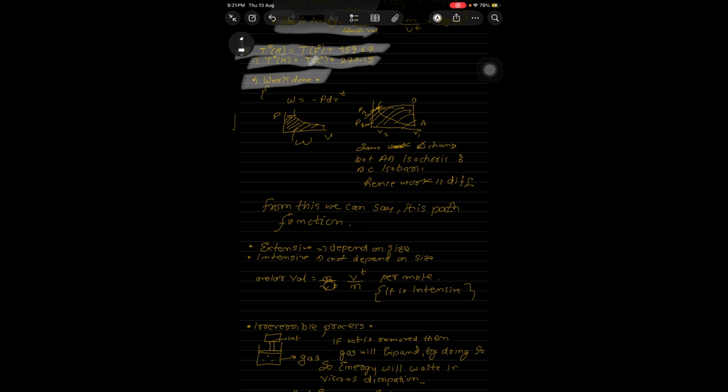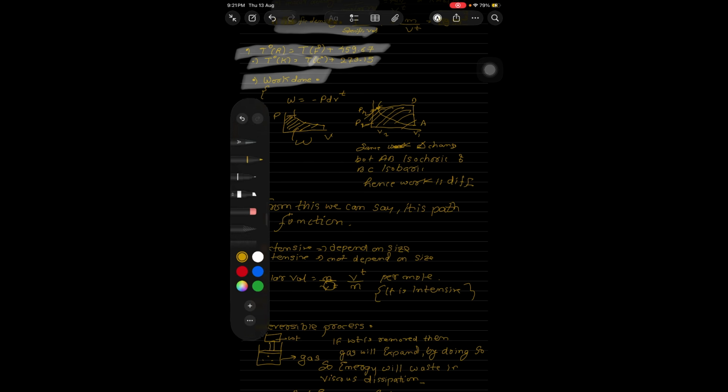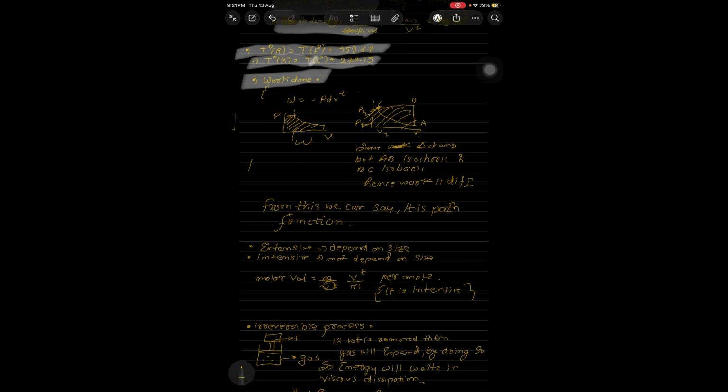And now, area into the displacement gives the volume. Let me show you. Suppose this is a gas and this is a piston. This is the cross-sectional area of it, and it is compressed by dl.